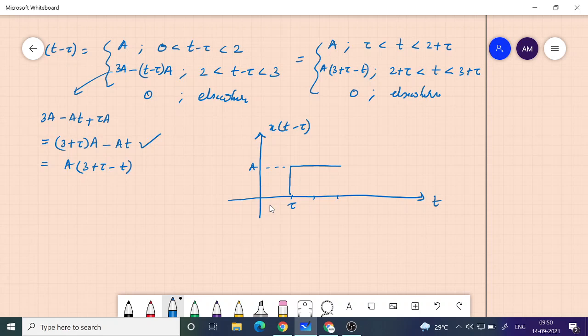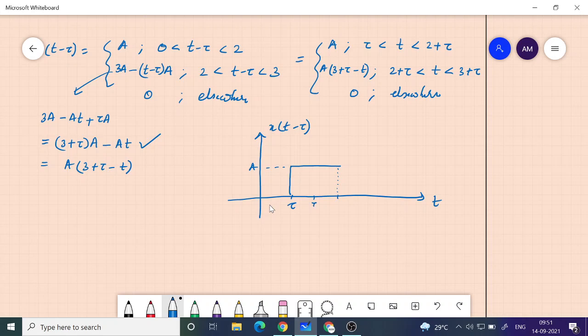Minus a means a negative slope, so it will be like this. A positive slope means it will be inclined toward the positive direction, while this is away from the positive direction of the t-axis. So it has a negative slope, and then it has an intercept, which is basically a into tau plus 3. So you can find out the value at this point.